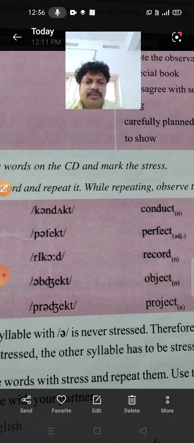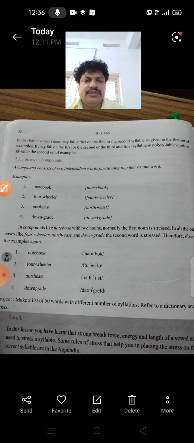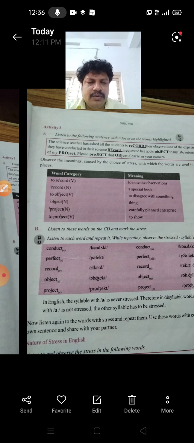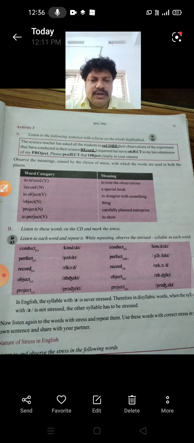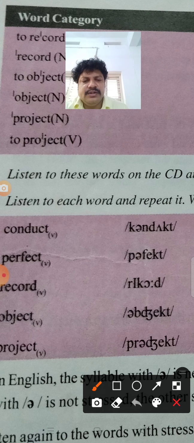In English the syllable a is never stressed. Therefore, in disyllabic words where the first syllable has the a sound, the a sound is never stressed. For example, conduct: here you should not pronounce it with stress on the a sound.